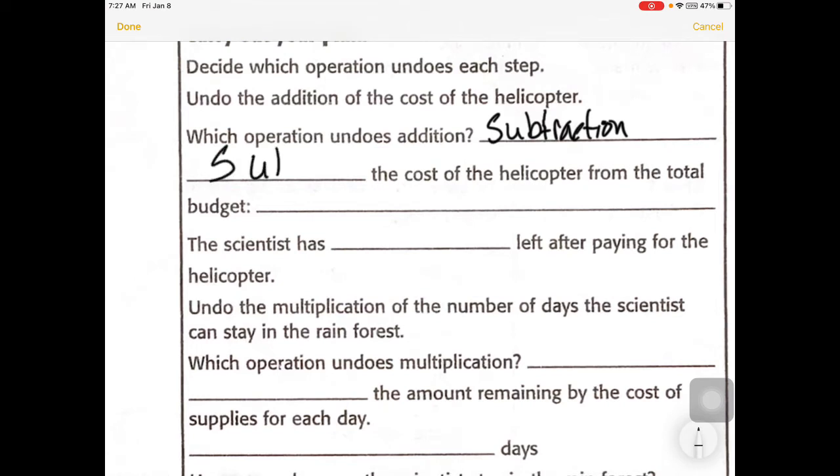Subtract the cost of the helicopter from the total budget. So here we go. The total budget was $1,283. We're going to subtract the cost of the helicopter.